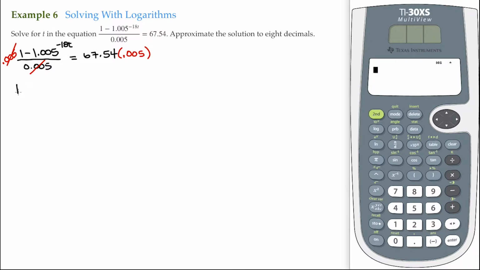So this becomes 1 minus 1.005 to the negative 18t power, and that's equal to 67.54 multiplied by 0.005. So this is equal to 0.3377.